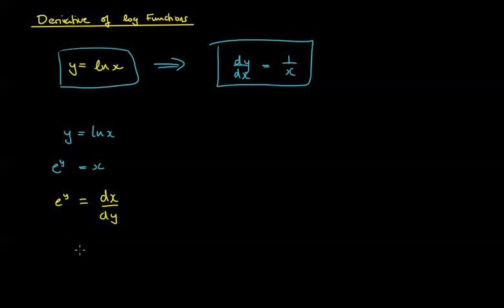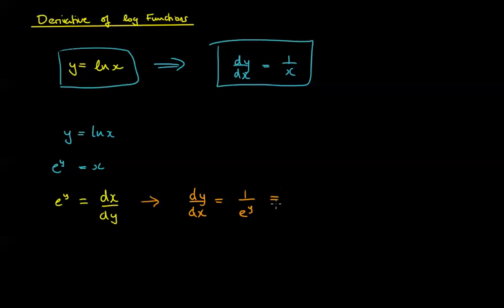And then what we really ideally want is dy by dx. So what would dy by dx be? Well, if we've just worked out what dx by dy is, e to the power y, then dy by dx, flipping a fraction almost, but it's technically not doing that, would be 1 over e to the power y.